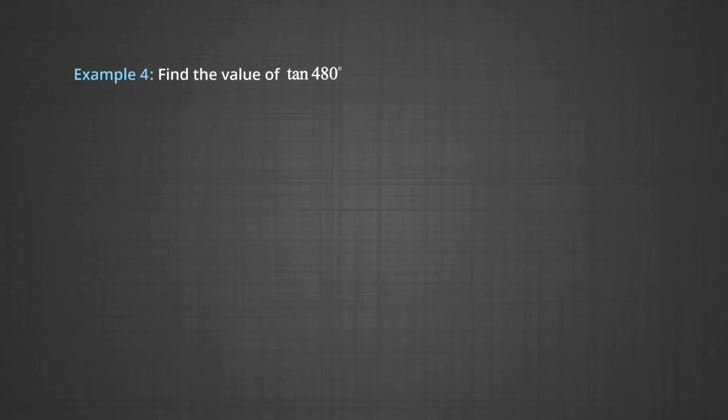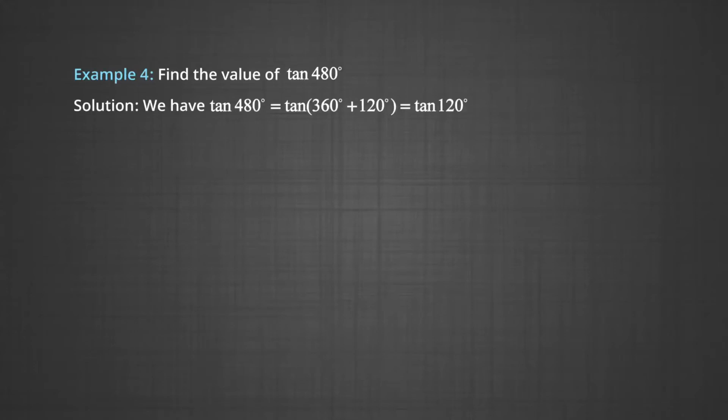In example 4, we will find out the value of tan of 480 degrees. We have tan of 480 degrees, which can be written as tan of 360 plus 120 degree, which is equal to tan of 120 degree only.